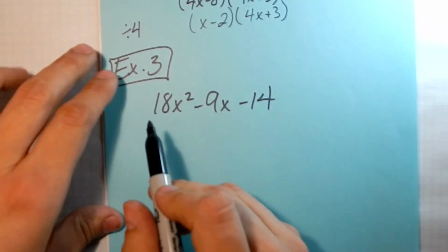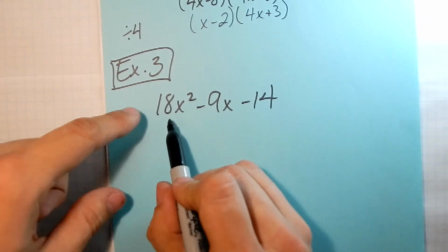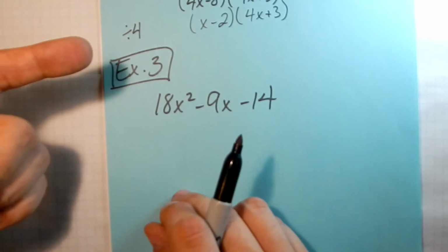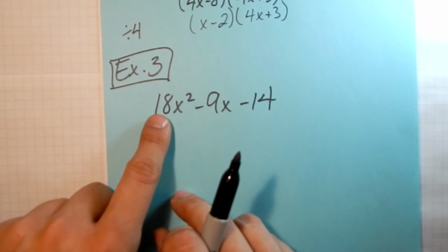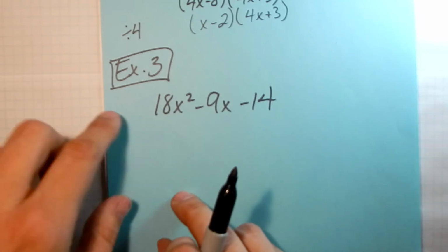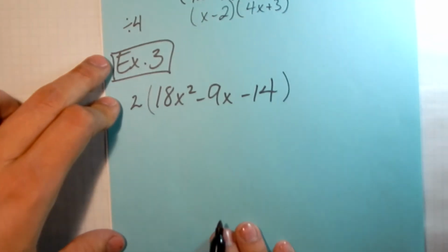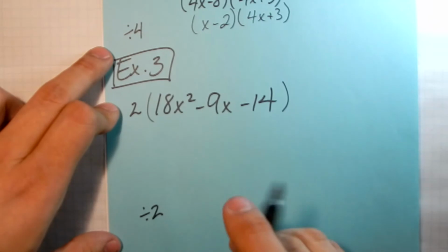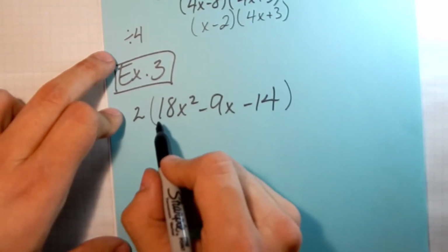So there's an easier way. We just need to make this into a square number. Well, if we're thinking about square numbers, we're thinking 4, 9, 16, 25, 36. 18 goes into 36. So what we're going to do here is we're going to multiply by 2. And at the bottom, we're going to remind ourselves to divide by 2 once we get down there. And we're going to go ahead and use our distributive property here.